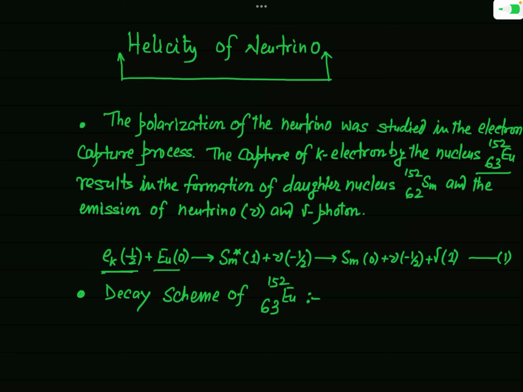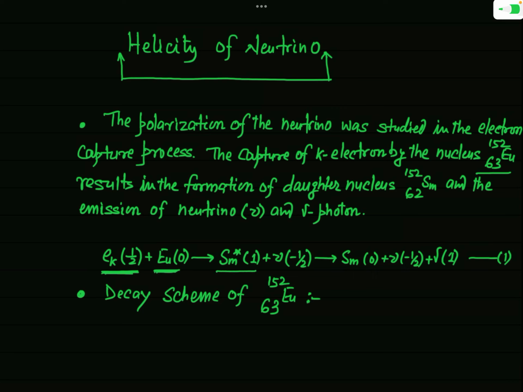So the K electron has spin half, and this nucleus Eu which captures the K electron in its ground state has spin 0. After capturing this K electron, we get the nucleus of Sm 152, and that is in its excited state.